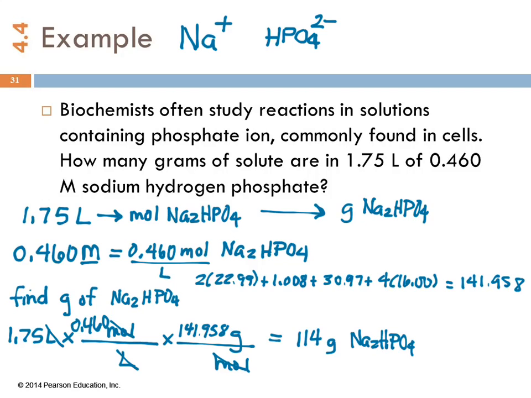Now, I sympathize with you who are not liking the whole sig fig thing. But sig figs are useful. If we're making this solution, which this calculation is what we would need before we could make it, this is how much sodium hydrogen phosphate we would need to weigh out and put into a volume of 1.75 liters. The concentration has 3 significant figures. The volume has 3 significant figures. Do we have to be crazy careful weighing out our amount of sodium hydrogen phosphate?